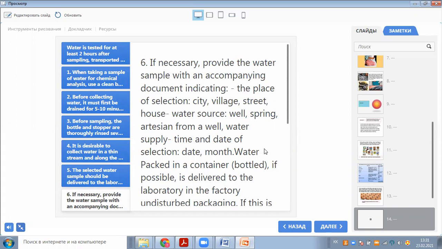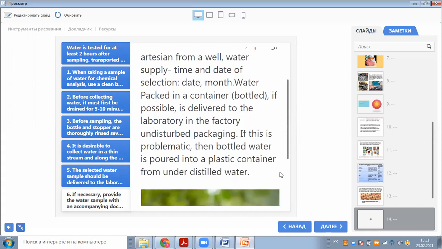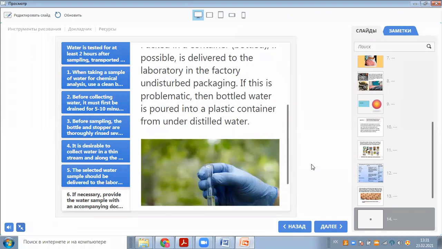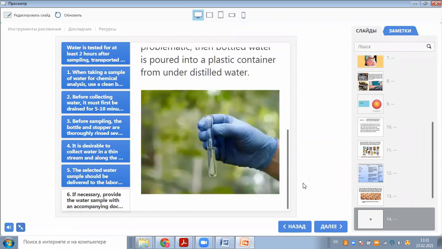Time and the date of selection, maybe date, month, and the water packaged in a container. If possible, it is delivered to the laboratory in the factory, undisturbed packaging, and if this is problematic, then bottled water is poured into a plastic container from under distilled water.